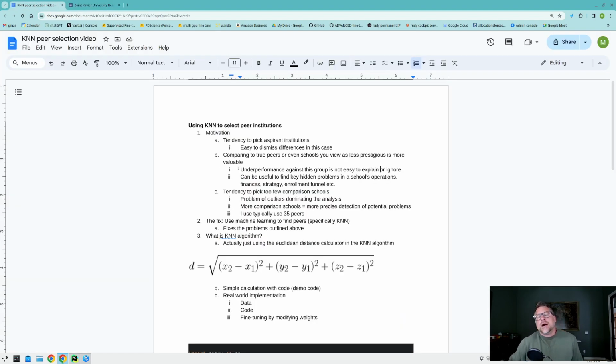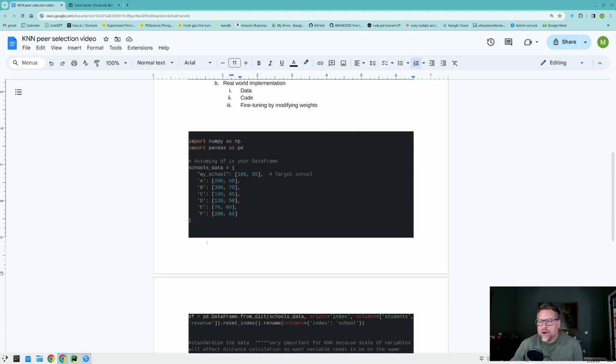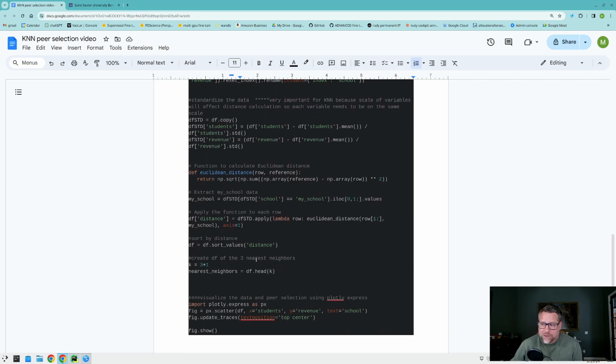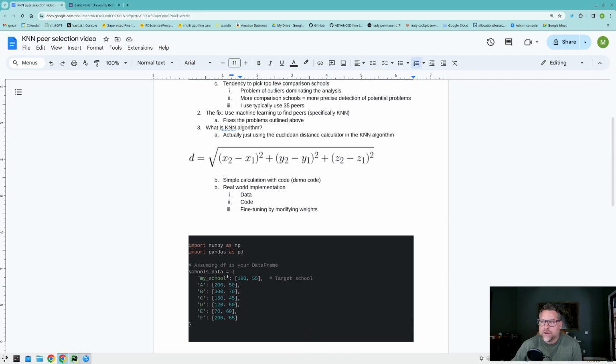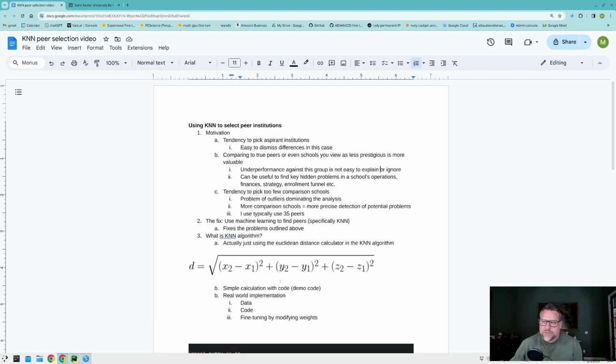So here's the overview of the discussion, and I'll link this in the video. It also has a really simple demo of how, with Python code at the bottom, to do the KNN calculation that we use to find peer institutions. There's a simple math equation showing the distance metric I just showed you, how it's calculated for a 3-dimensional case.